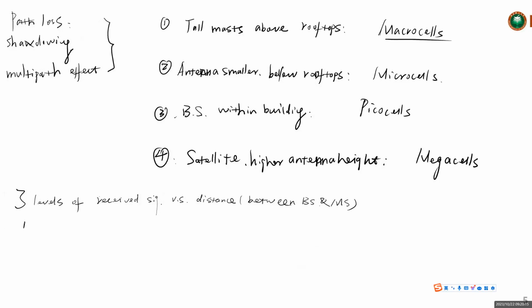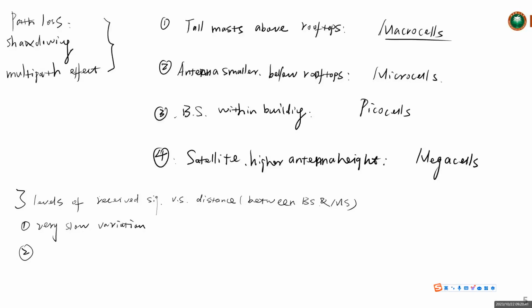The first kind is called a very slow variation with respect to the distance or the range.